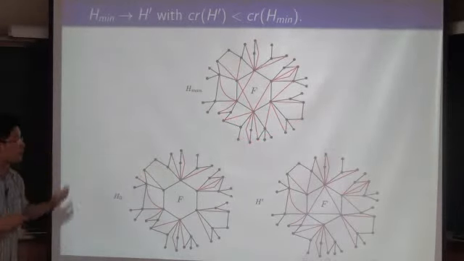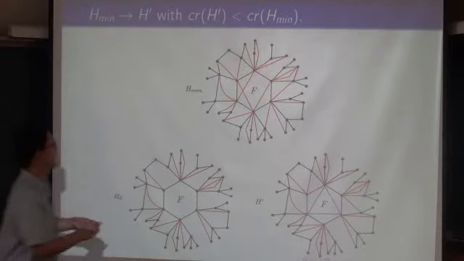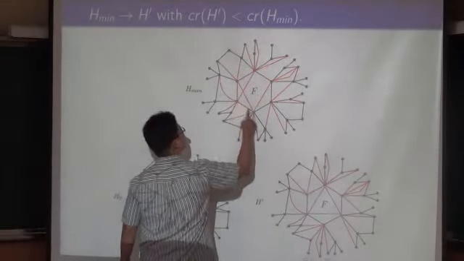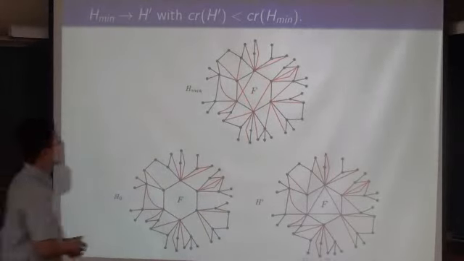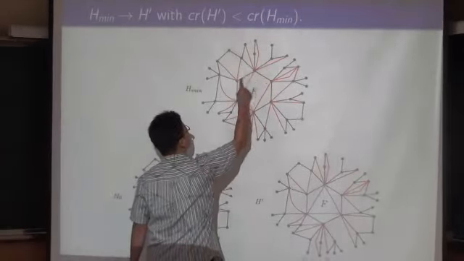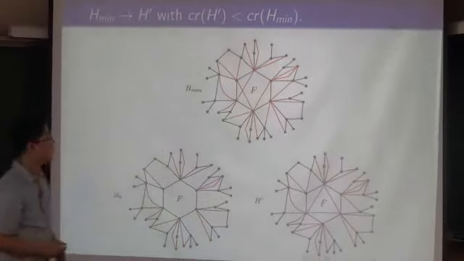And by the assumption, there is some edge crossing between two red edges, right? So let's take the face in G as F, right? So this face as F, right? And the vertices on the boundary of F are called V_F.